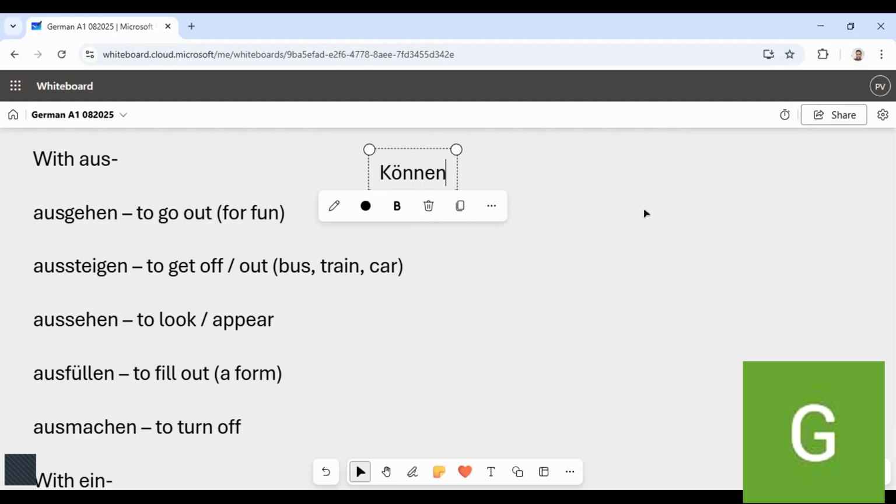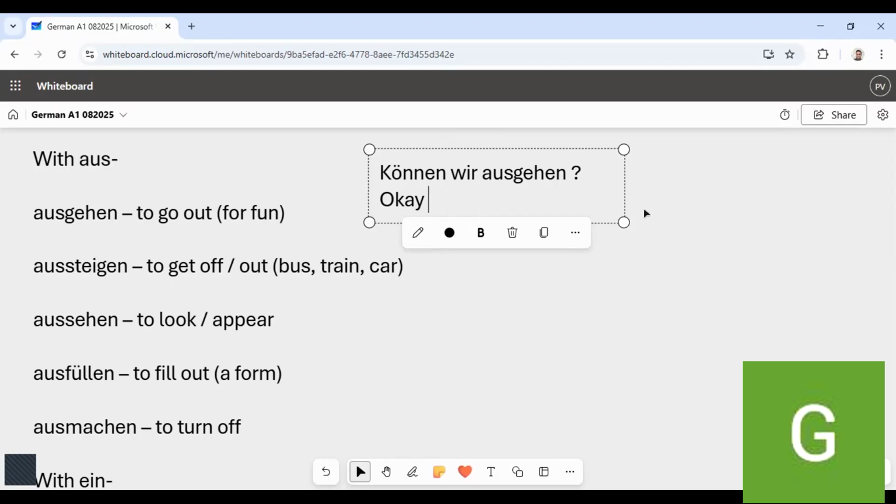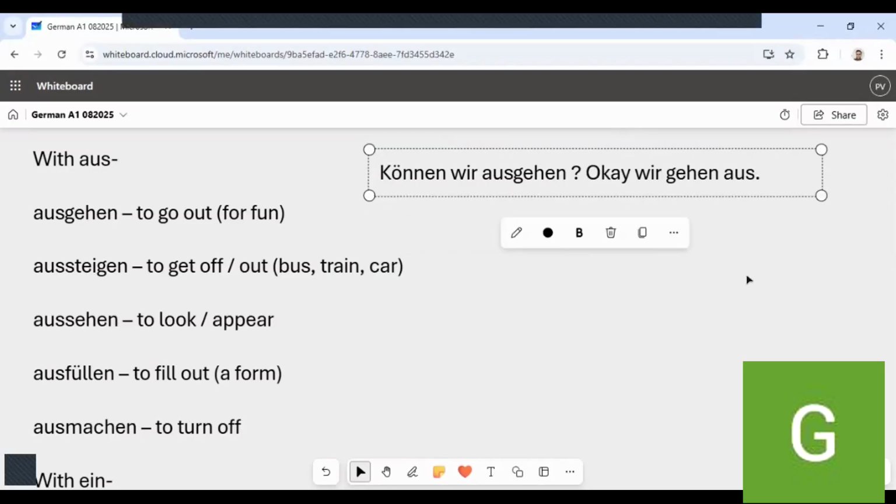Können wir. Können wir ausgehen? Then the answer will be like this: okay, we are going out.